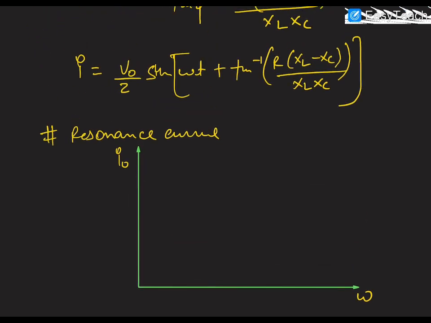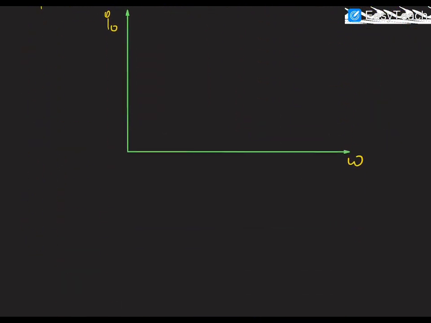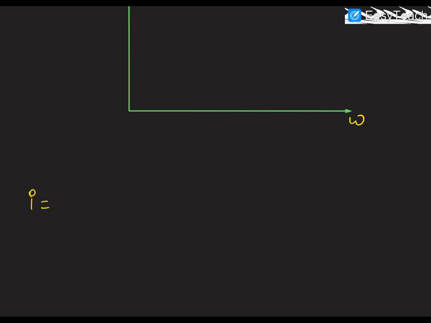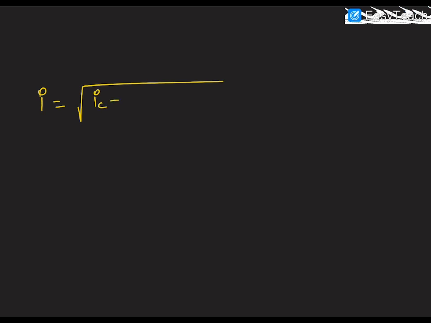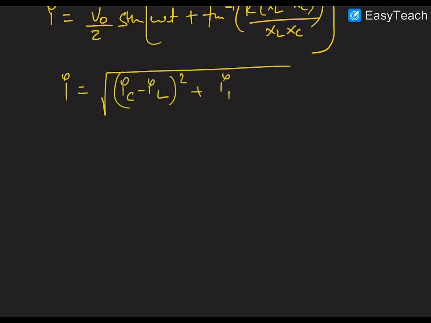And let us find out the value of Z first of all. If we discuss the impedance, then we have to write down the current, and the current was the square root of (IC minus IL) whole squared plus IR squared.